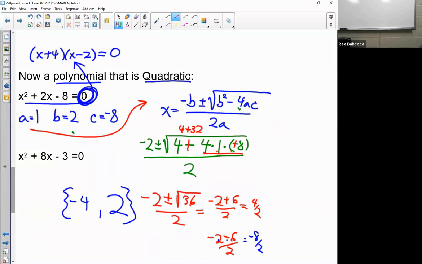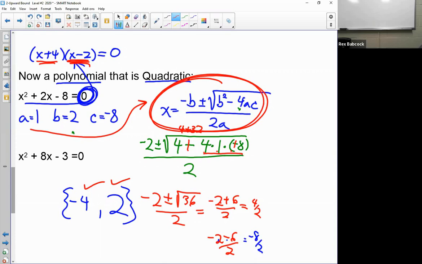Well, if this is 0 right here, it's -4. If this is 0 right here, it's +2. So you can factor as well if you want to, but sometimes factoring is not as easy as the quadratic formula. The quadratic formula is used over and over and over again in all kinds of different ways.